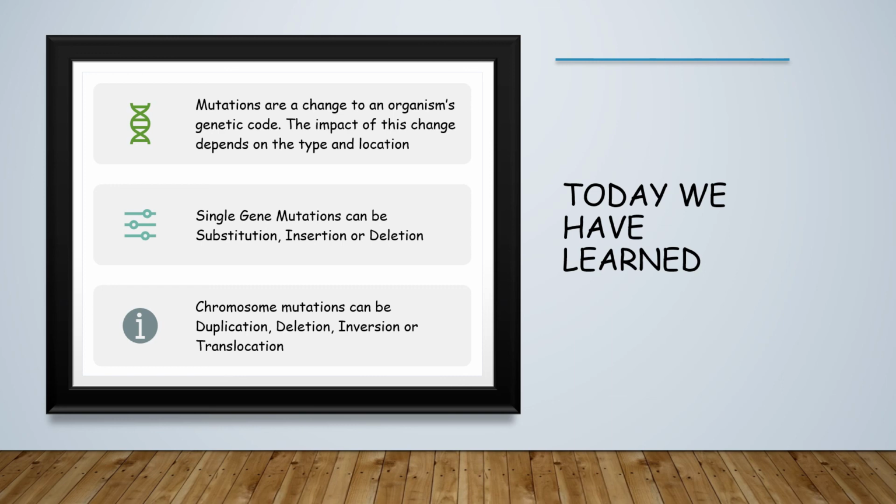The impact of this change depends on the type and location of the mutation. Single gene mutations affect just one gene, and sometimes just one or two nucleotides within that gene sequence. They can be substitution, insertion, or deletion. Chromosome mutations affect more than one gene and a large part of one or two chromosomes. They can be duplication, deletion, inversion, or translocation.